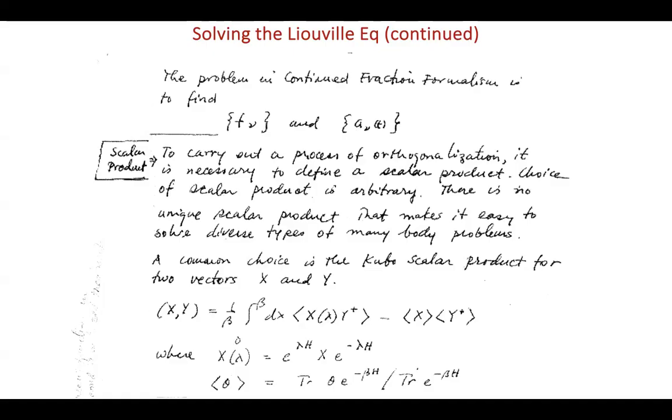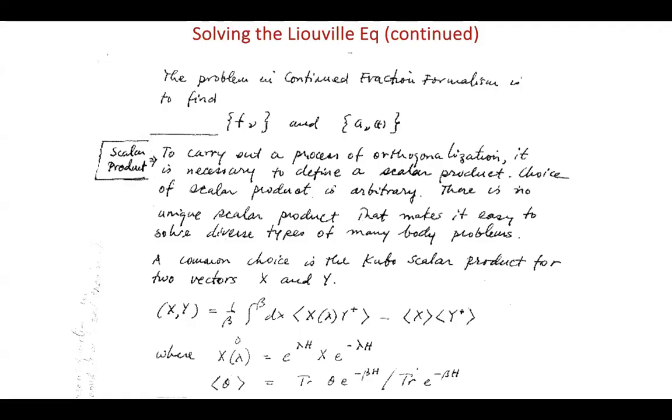And Ryogo Kubo, he wrote a series of papers in the 1950s when he was relatively young to put these together. So Kubo's name actually is tied to the construction of linear response theory that we discussed last Thursday. Kubo was one of the architects of formalizing linear response theory.